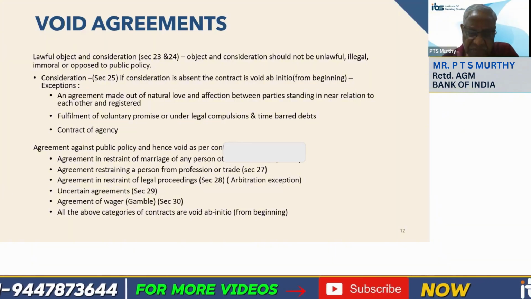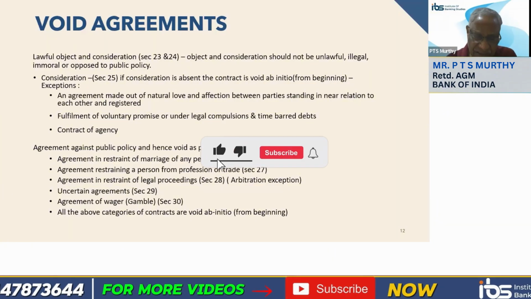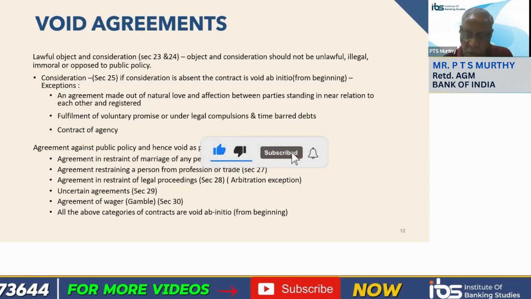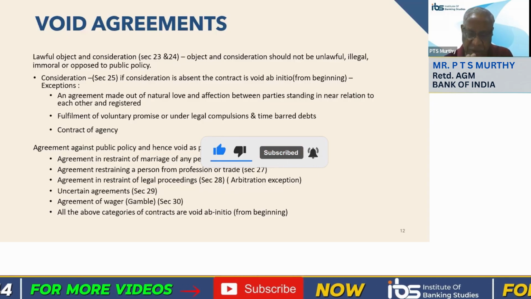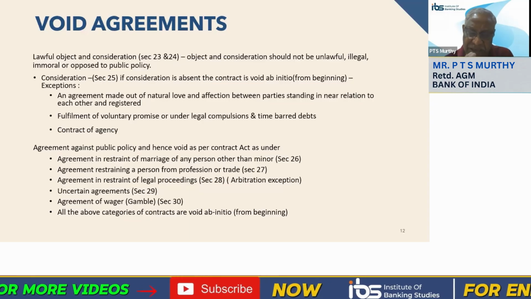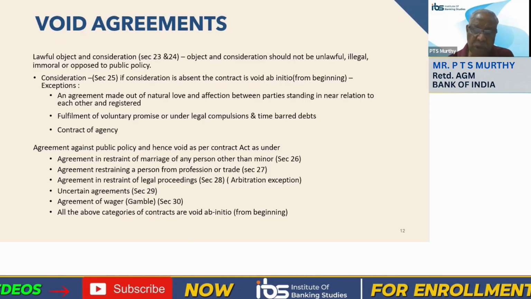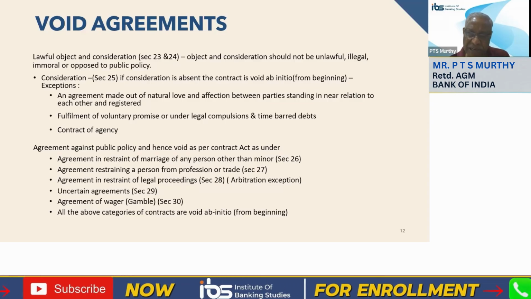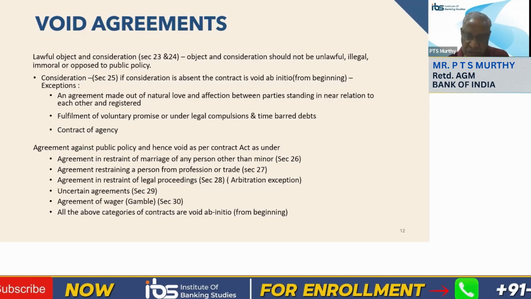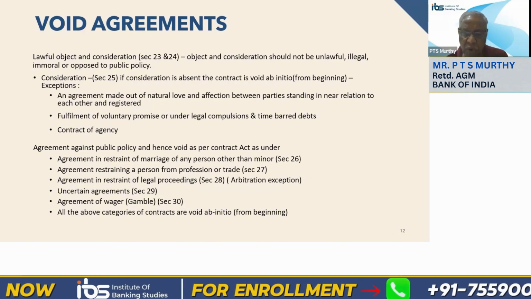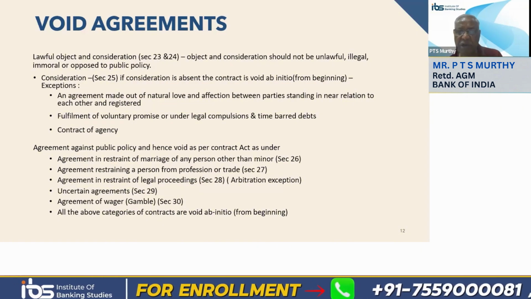If any contract has been made which is under these sections, they become void from the time we make the contract. In the case of other areas, if we come to know about the person who is incompetent to contract, from the time we come to know, then that becomes a void contract.